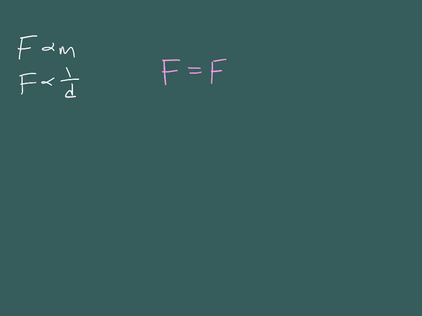Well, we have mass 1 and mass 2, we have distance 1 and distance 2. So mass 1, fancy form of 1, mass 2 as a fancy form of 1, distance 1 and distance 2. Still an identity, force equals force, which we've seen that several times now.